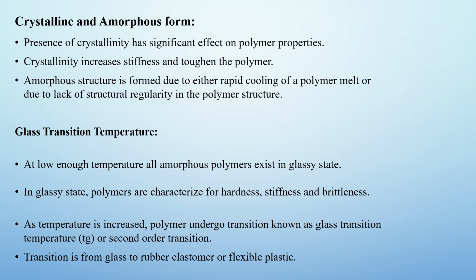In the glassy state, the polymers are characterized by hardness, stiffness, and brittleness. As temperature is increased, polymers undergo a transition known as glass transition temperature or second order transition. So the transition is from glass to rubber elastomer or flexible plastic.